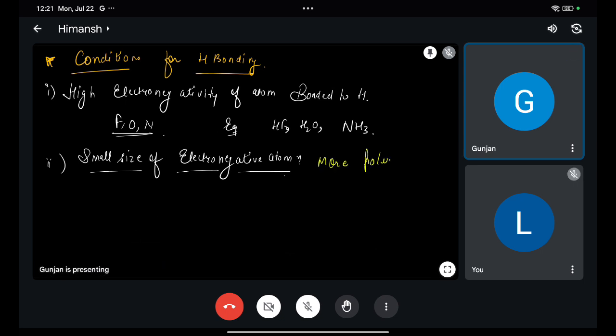Polarity in the bond between hydrogen and the electronegative atom, right?